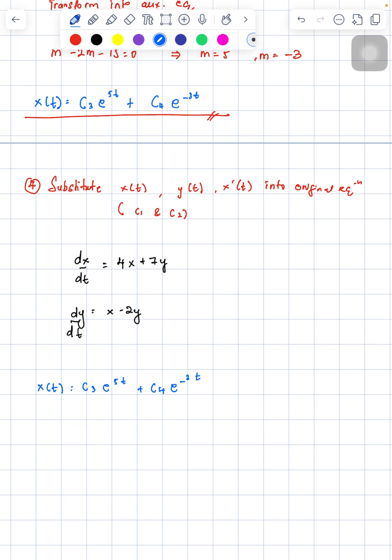To substitute, first we have to get dx over dt.